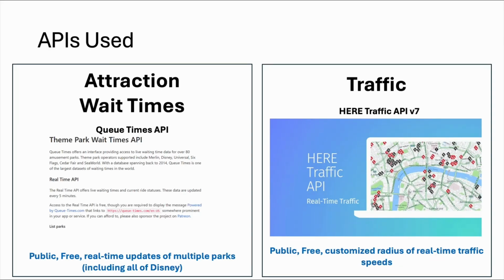And the second one is the traffic API. It is a real-time traffic data source provided by HERE, which is used to obtain information such as road congestion, vehicle speed, and traffic incidents. It enables us to integrate real-world traffic conditions into our digital twin model.